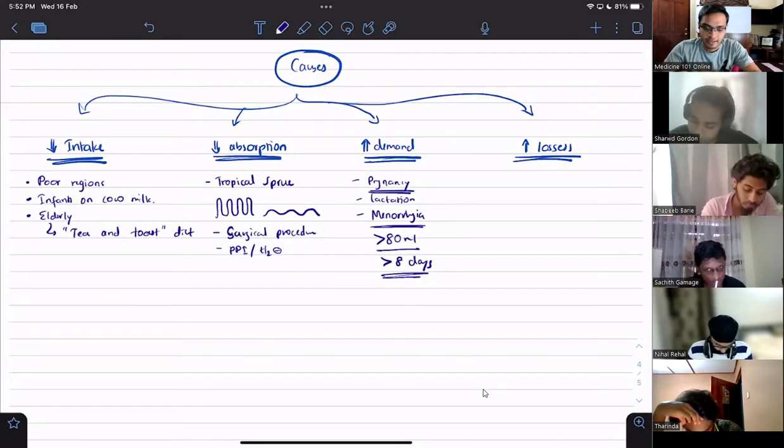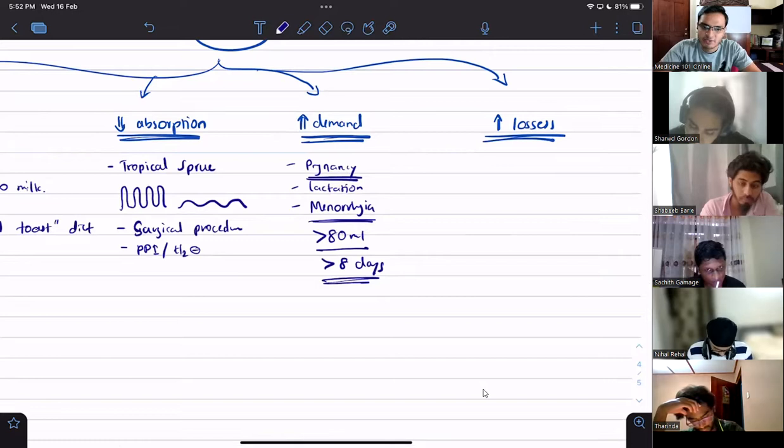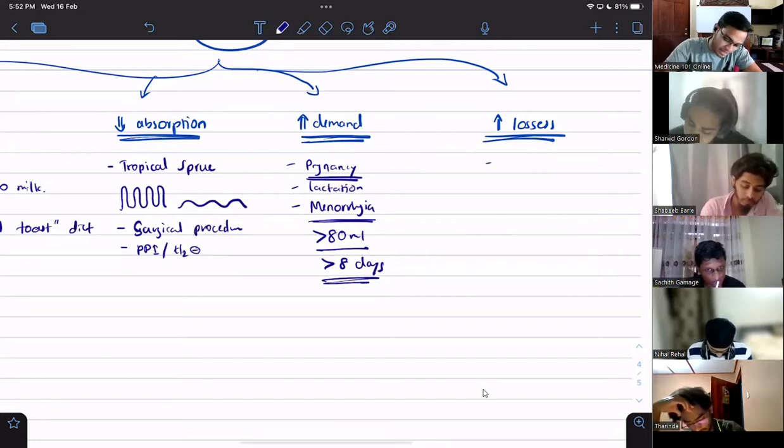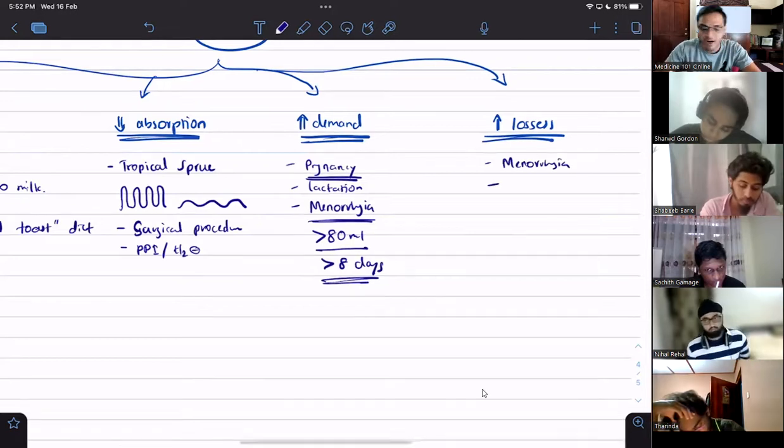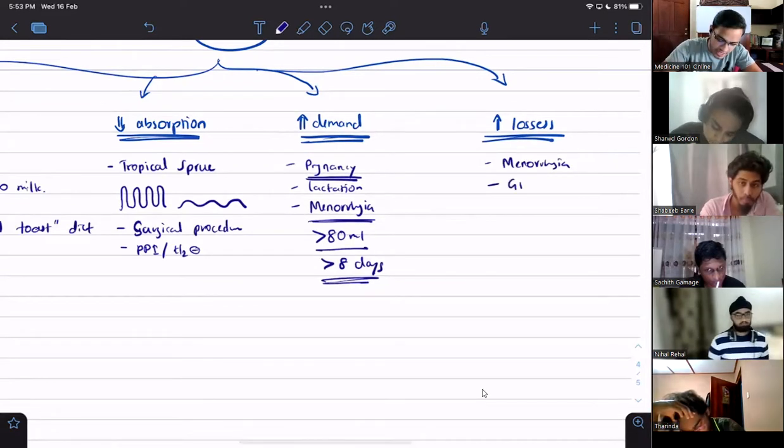Then, guys, the last one, increased losses. Here you can add menorrhagia as well. But here we are talking about some special other GI losses.